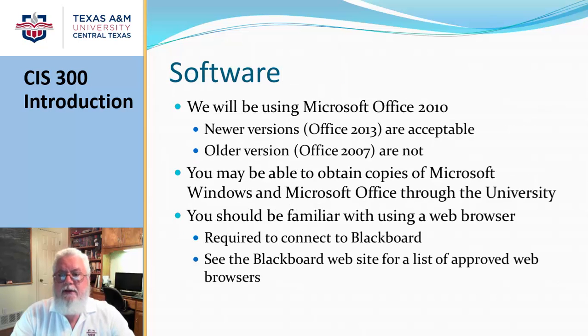So, yes, we are going to be using Microsoft Office, and the book is specifically about 2010, which is the same version of Office they have installed on the machines at the university. If you already have a version and you're happy with it, that's okay, as long as it's 2010 or above. If you don't have Office, you can go to the university and they'll probably allow you to make a disk and take it home for free and install Microsoft Office.